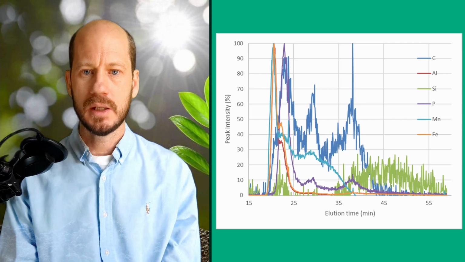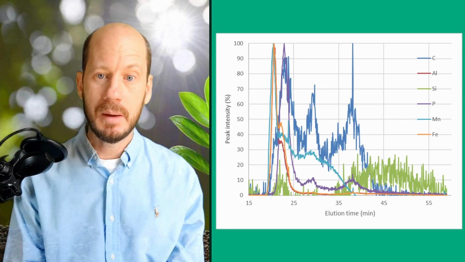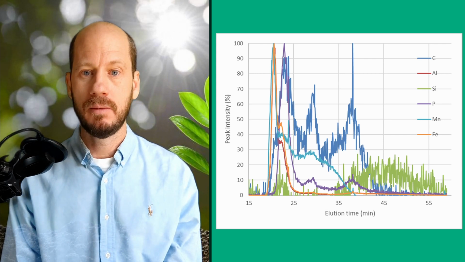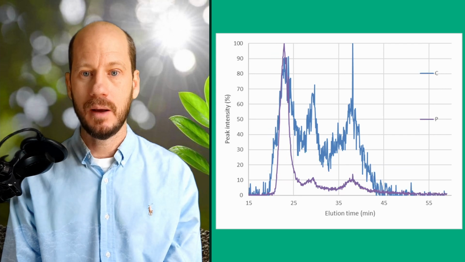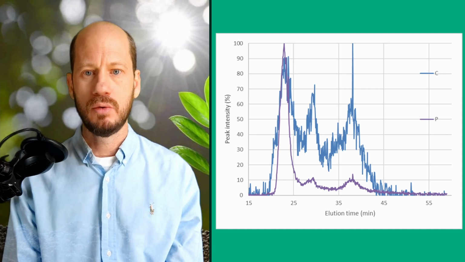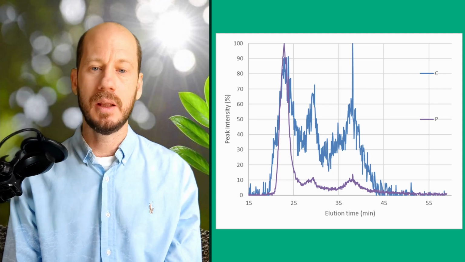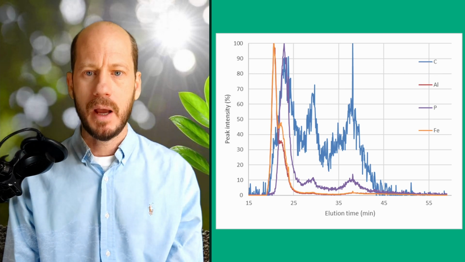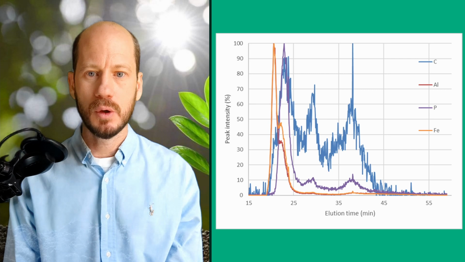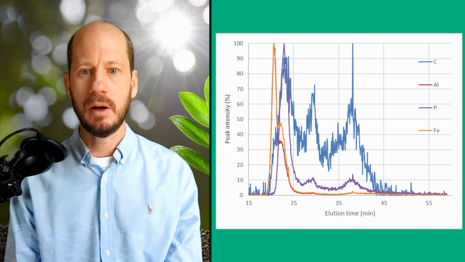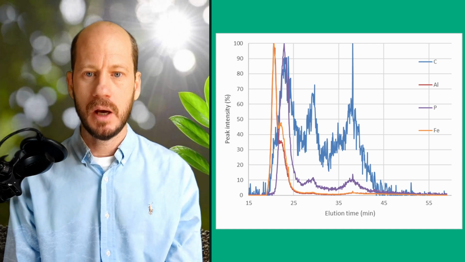The first finding we have is that the elution time we obtained showed a very good alignment between the peaks of phosphorus and carbon, an interesting similar behavior between phosphorus and carbon through both the time of incubation and the dose of citric acid. We also saw that these peaks were offset from the peaks of iron and aluminum, which were aligned with each other.